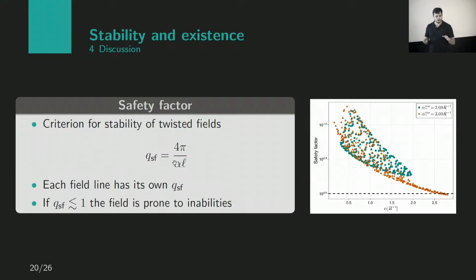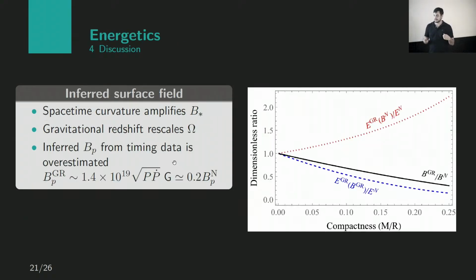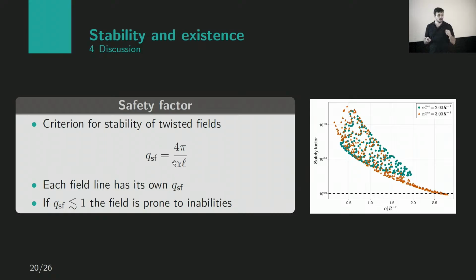Alpha is constant along one particular field line, so you can label the field lines based on the value of alpha that they have at the surface, and it will be the same everywhere, and the length of the field line. So this product here essentially gives you a measure of how twisted your field line is, and if it's too twisted and too long, then it will be unstable. If this safety factor is less than 1 or approaches 1, this means that you are prone to instabilities.